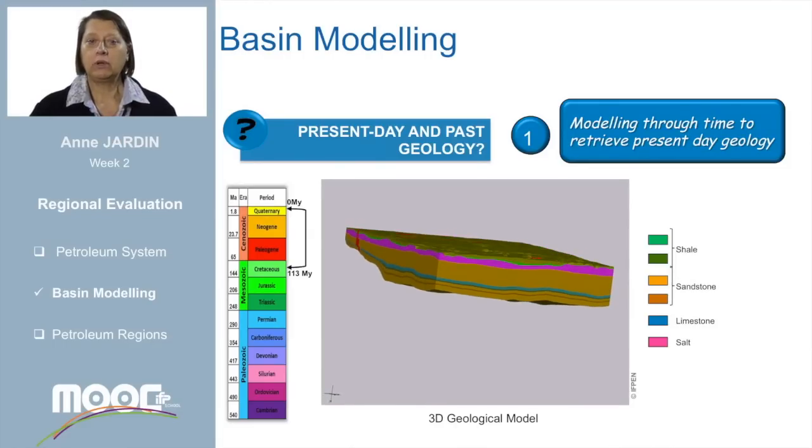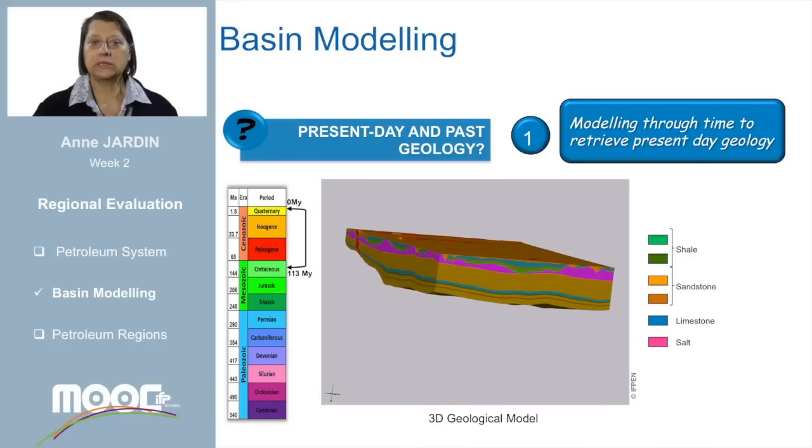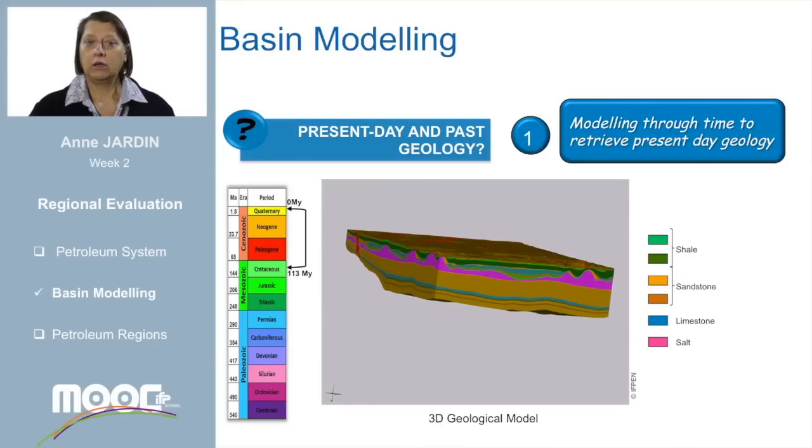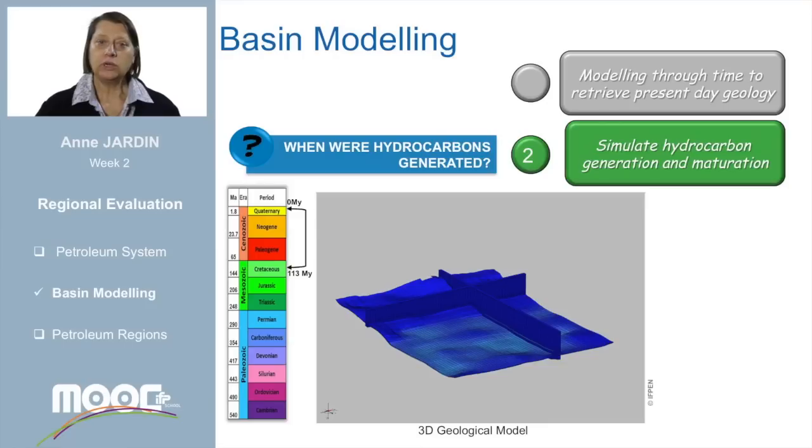In our example, backward geological models have been built from 113 million years until the present day, with a step of around 50 million years. Now, if we want to answer the second question, when was hydrocarbon generated, we proceed to the next step.